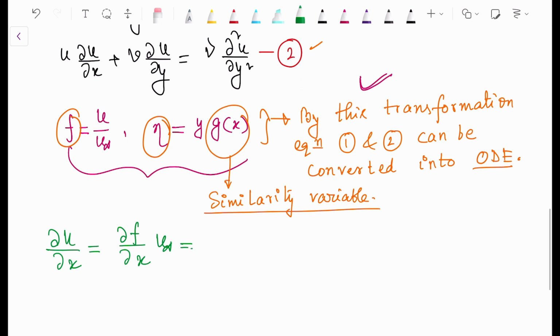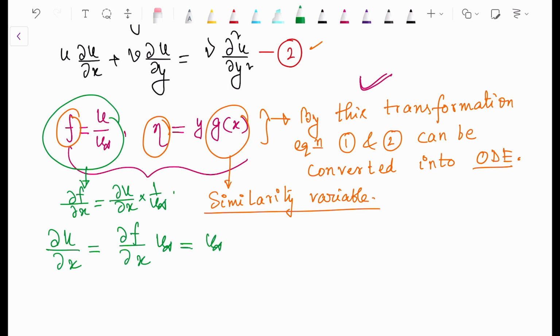Because from this I can write del f del x equal to del u del x into 1 by u infinity. That means del u del x is equal to u infinity into del f del x, right? And now this is u infinity into df d eta, because f is only a function of eta, then this will be an ordinary derivative and not the partial derivative, into del eta del x.